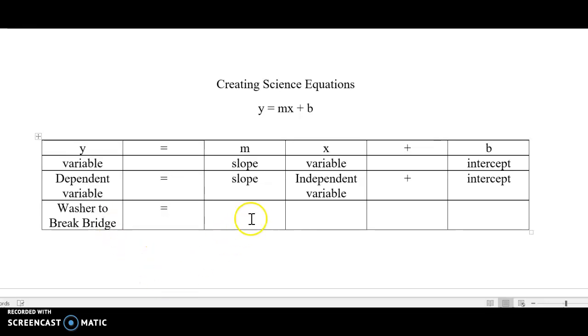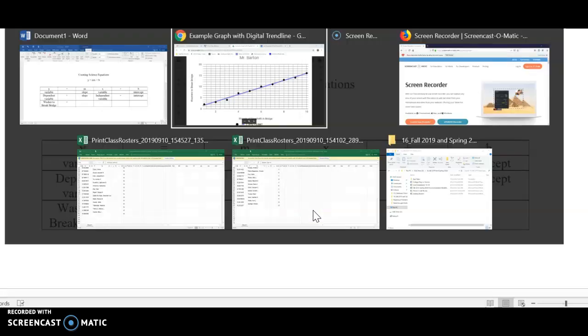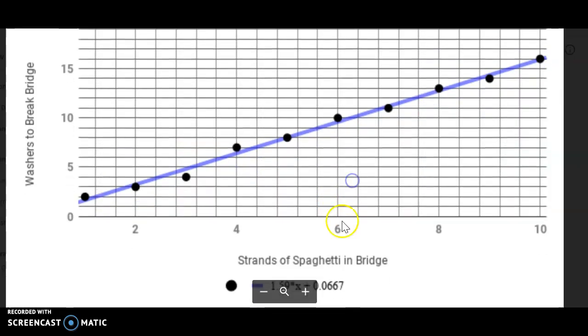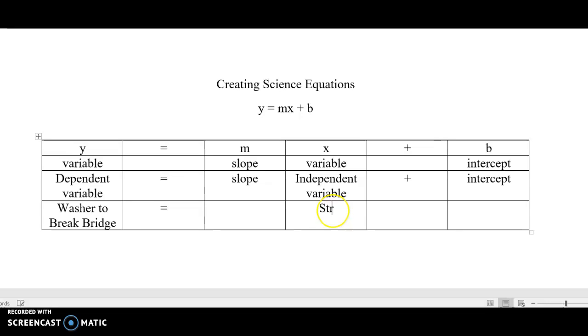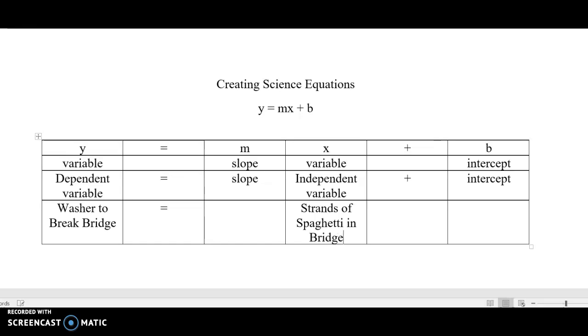And then I'm going to go back to my graph and grab my independent variable, which is going to stand in for x. In this case, it is strands of spaghetti in the bridge. So I'm literally going to write strands of spaghetti in the bridge. My plus sign is going to stay the same.